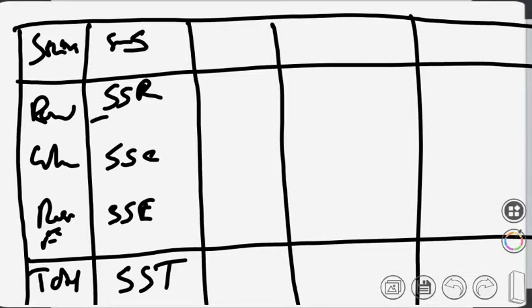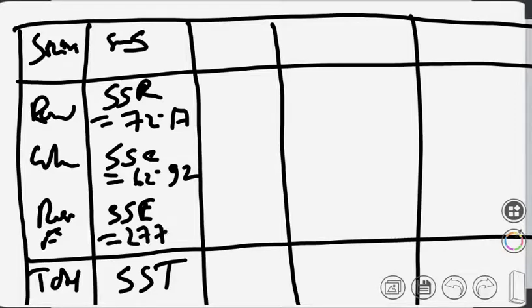SSR is 72.17. SSC is 62.92. SSE is 277.83.